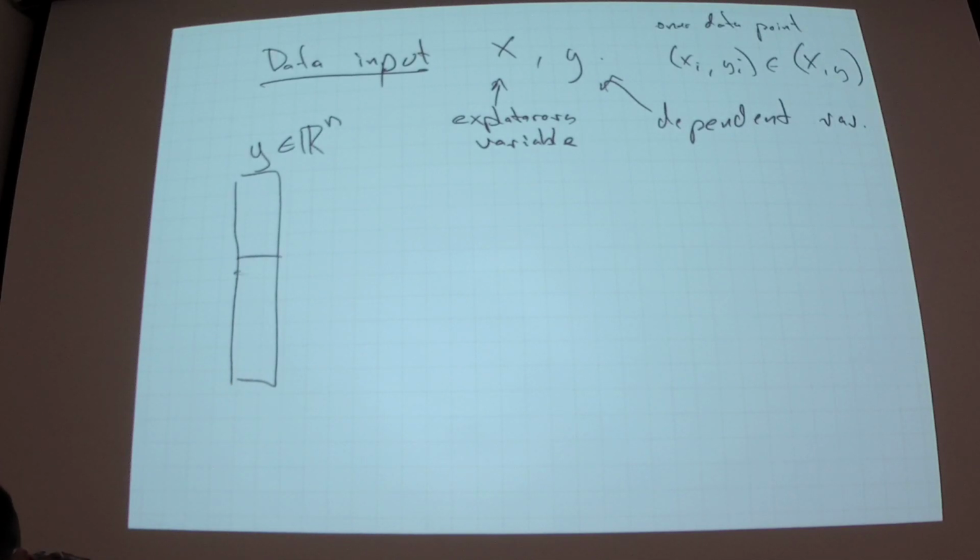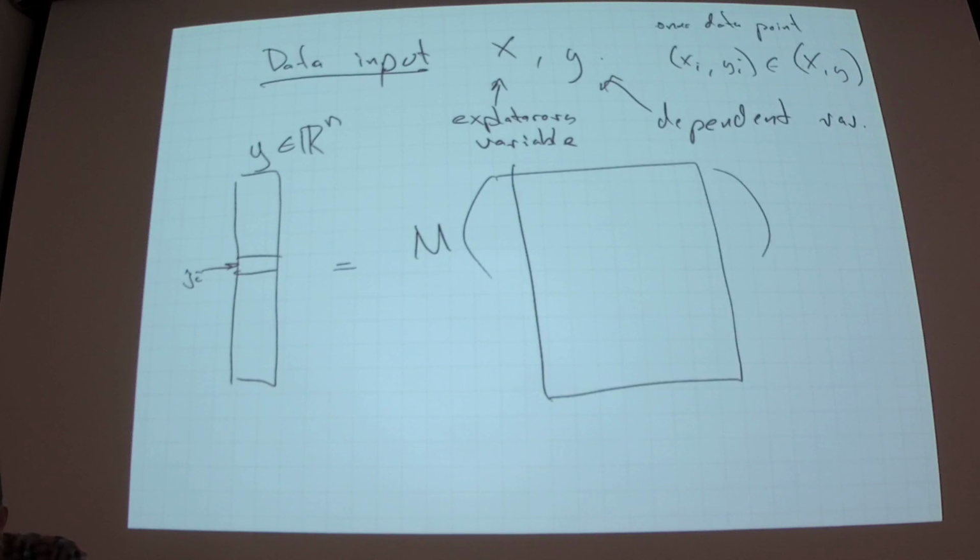So this entry here will be yi, and this is going to be a scalar. And I want to try and predict some model which is going to take in this vector, this maybe a matrix, but in general, this x. I want to start out with the case where this is also in Rn, so it's also just a vector. We're going to start with this case, but in general, it's going to be an n cross d.